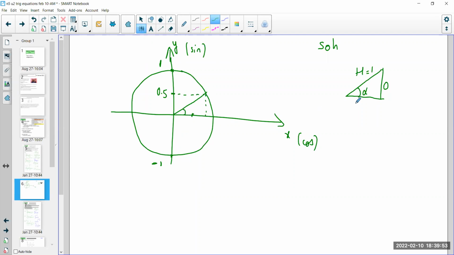So sine 30 is a half, and cos 60 is a half as well. Because remember what we said, the complement of 30 is 60. So cos 60 is equal to sine 30 degrees.